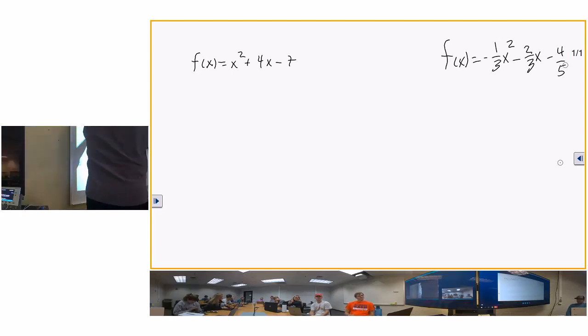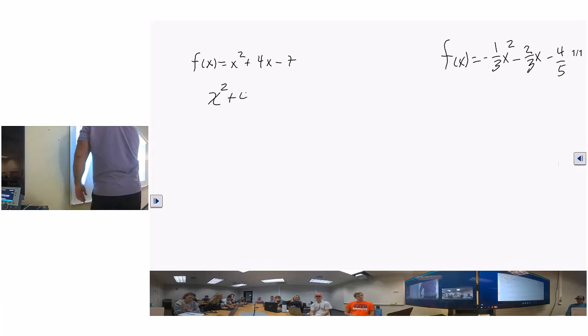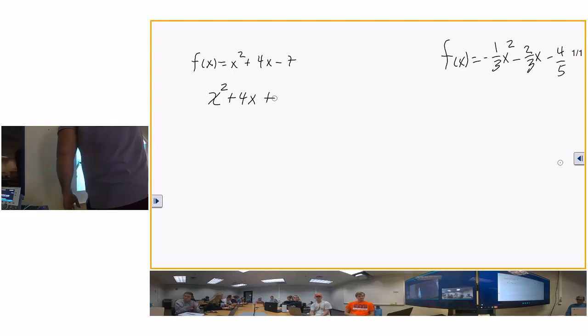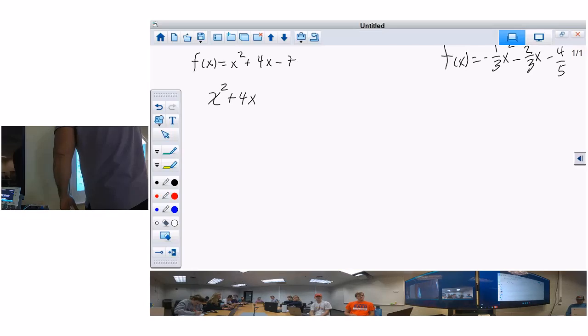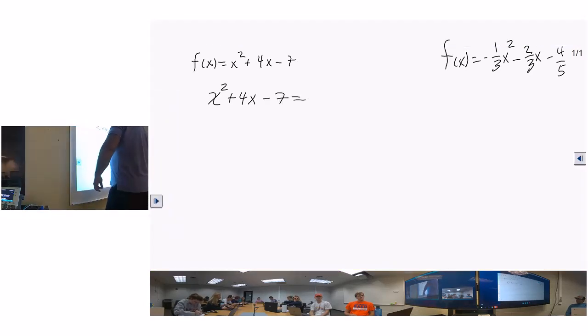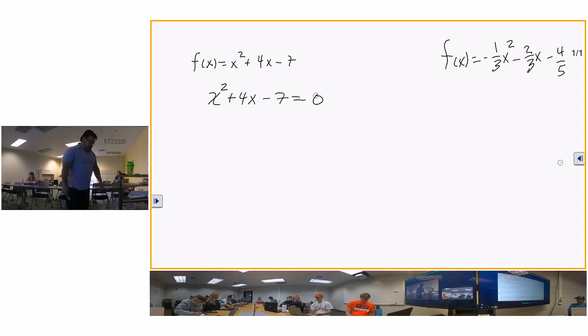All right, x squared plus 4x minus 7 is equal to 0. Why am I setting it equal to 0? Because we're finding the x-intercepts.